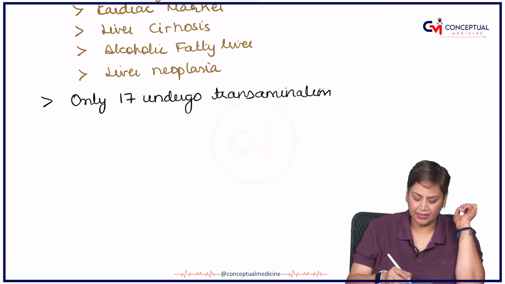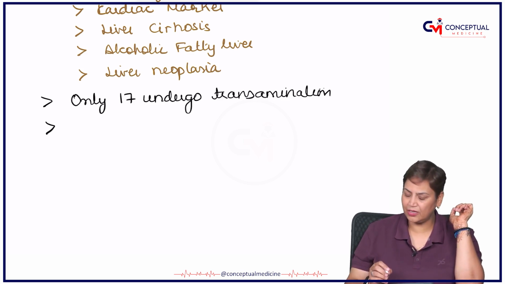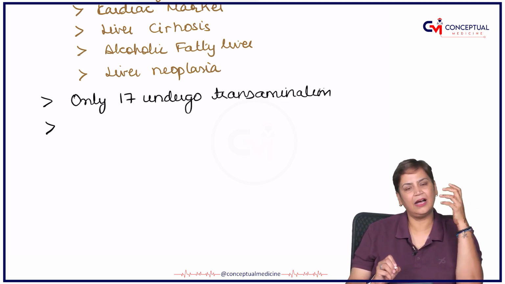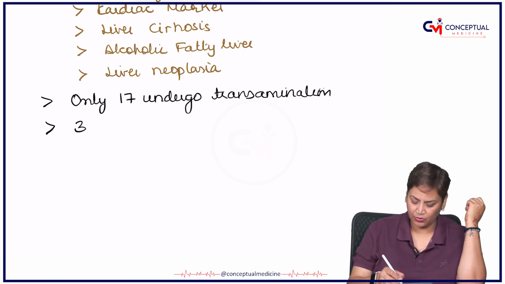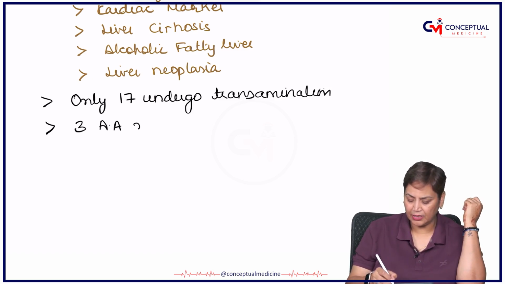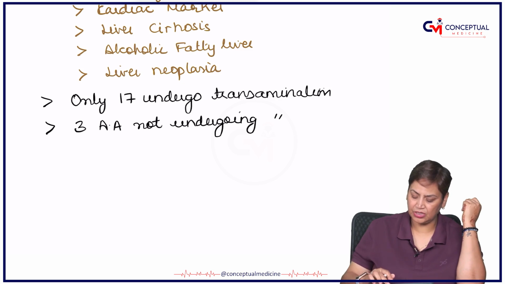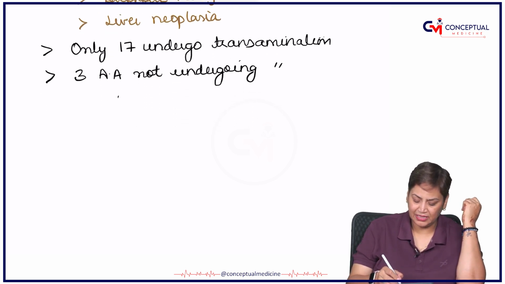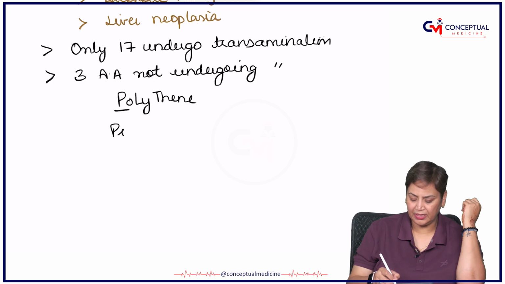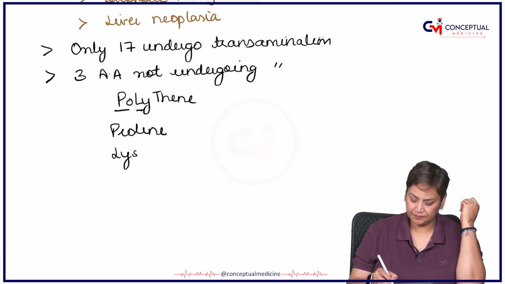Right? And the 3 amino acids which do not undergo transamination, again there is a mnemonic for that: the 3 amino acids not undergoing transamination are, the mnemonic is PLT, where P stands for proline, L stands for lysine and T stands for threonine.